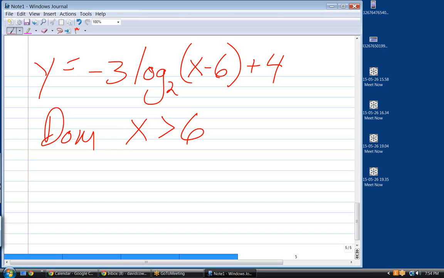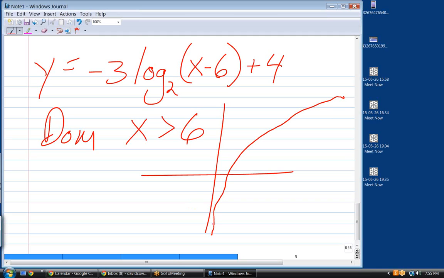However, the range on log functions, if I were to take the range of this, is -infinity to +infinity, all reals. In other words, you can only take the log of positive numbers, but you can get any number you want. Let's look at a graph of the log function. It goes from -infinity up to +infinity, but you always have to have a positive x.